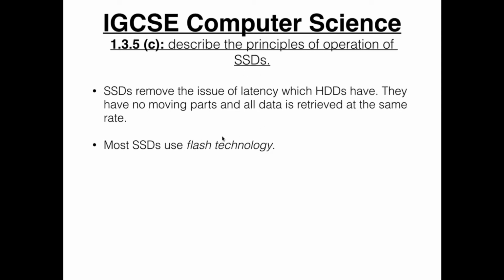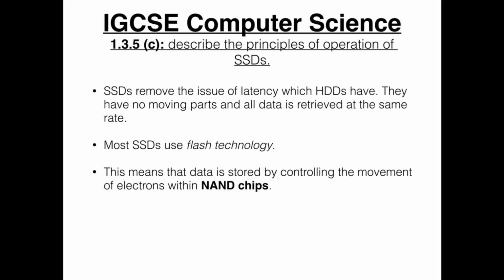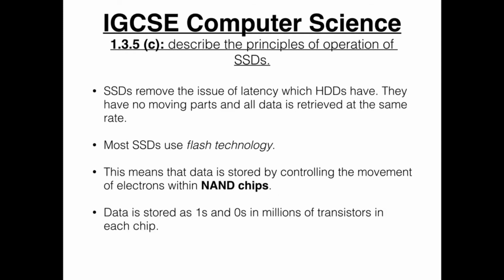Most SSDs use flash technology, which means data is stored by controlling the movement of electrons within NAND chips. You remember the NAND gate, so you can pretty much think of it like that. Data is stored as ones and zeros in millions of transistors in each chip, and this creates non-volatile, rewritable memory.